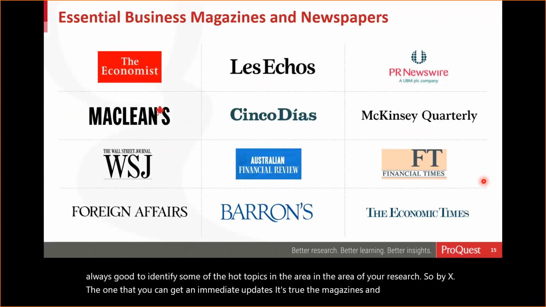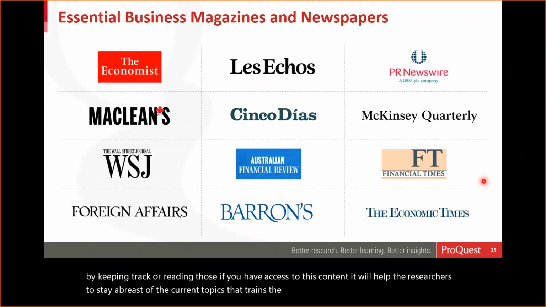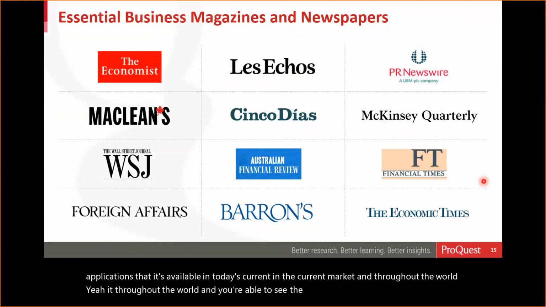By keeping track of and reading those, if you have access to this content, it will help researchers stay abreast of the current topics, trends, challenges, and the new technology and applications available in the current market throughout the world. And you're able to see different perspectives from other local regions as well as other countries.